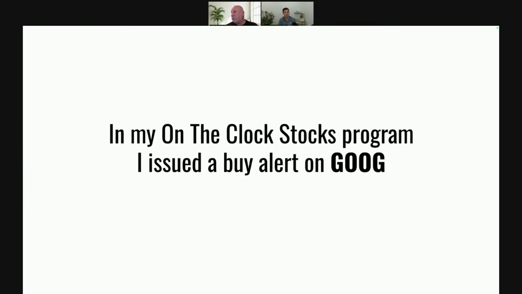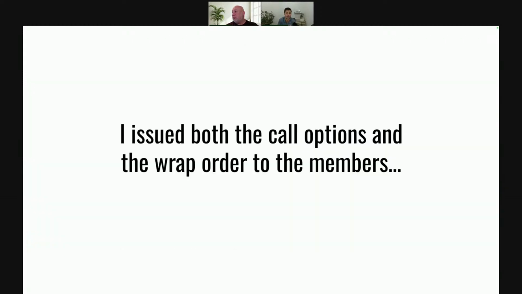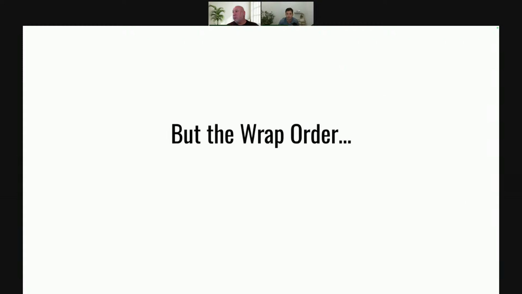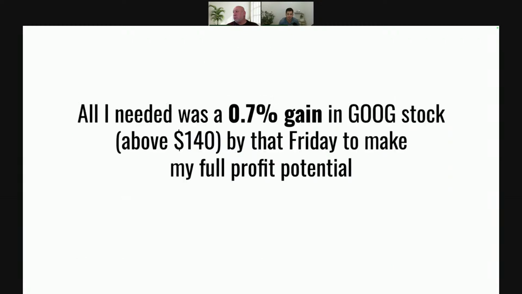In my On the Clock Stocks program, I did a buy alert on Google. In the first week, the stock went up 2.1% in about 3 days. Pretty good. Now, I gave both the call options and the wrap order to the members just so they could see for themselves the difference. In the first week, the call options were up about 30%. That's pretty awesome, right? But the wrap order was up 81% by the end of the week.